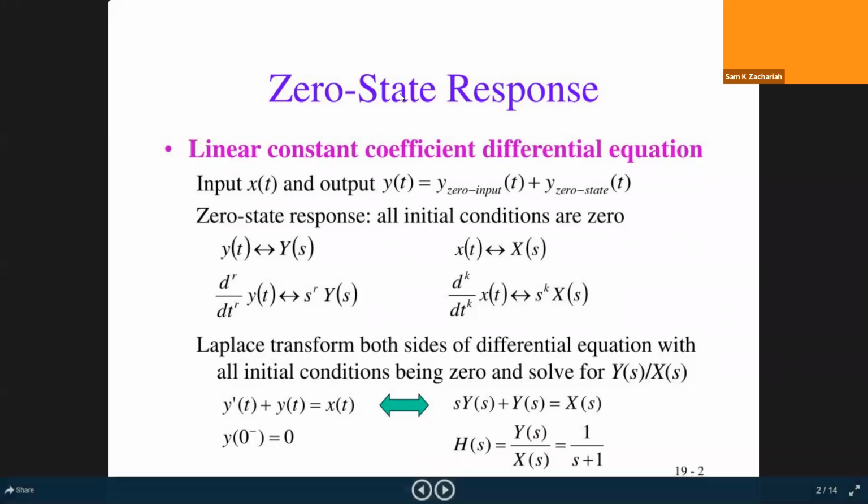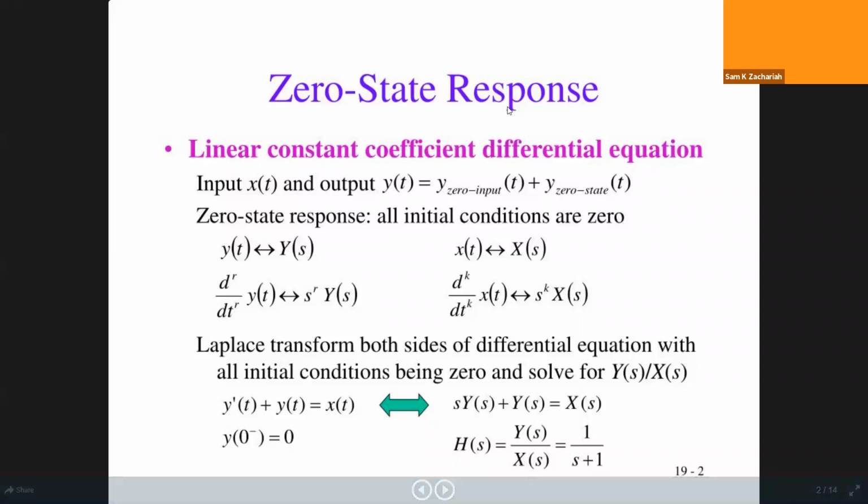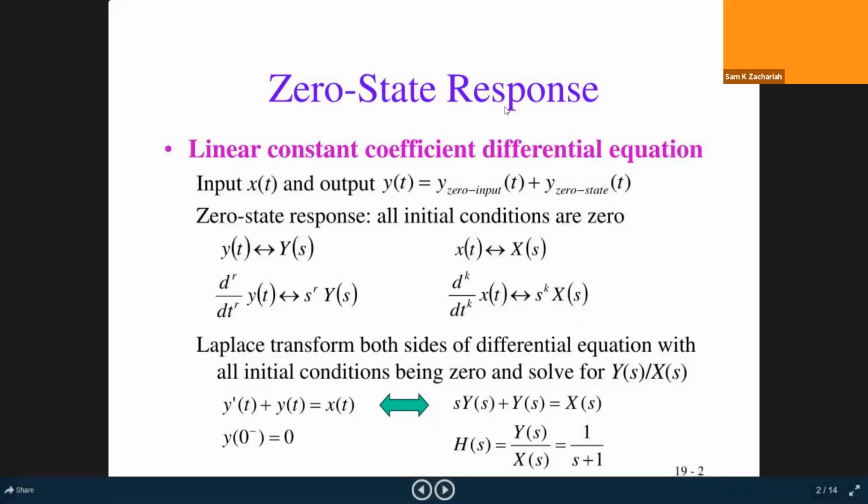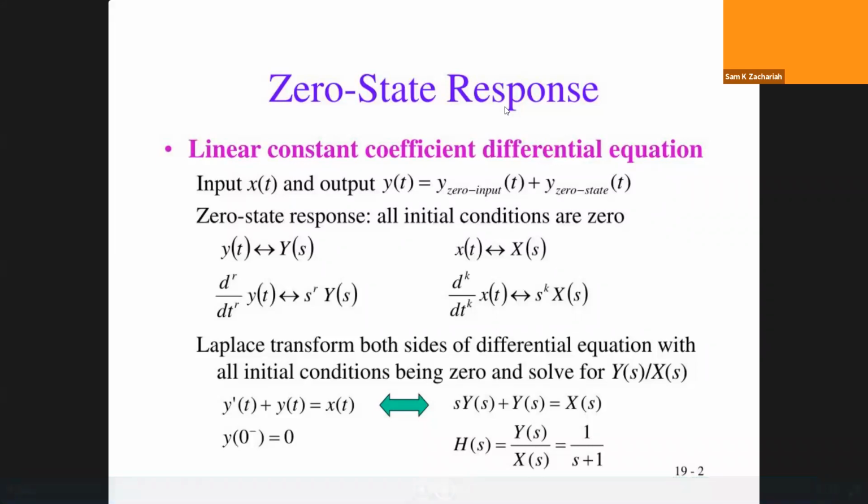The title of this slide is Zero State Response. What it means is the system is starting from rest with zero values for the corresponding internal states.